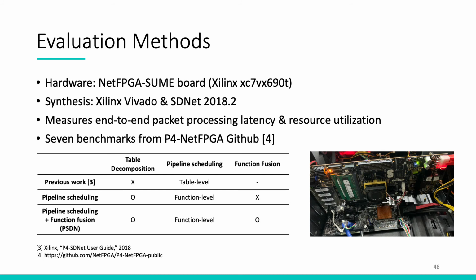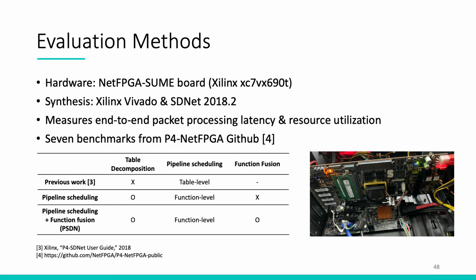This work conducts evaluation on NetFPGA SUME hardware and measures end-to-end packet processing latency and resource utilization. This work used 7 benchmarks from P4 NetFPGA GitHub, and the description is in this paper. To observe the effects of the proposed schemes, this work compares the proposed method with previous work.